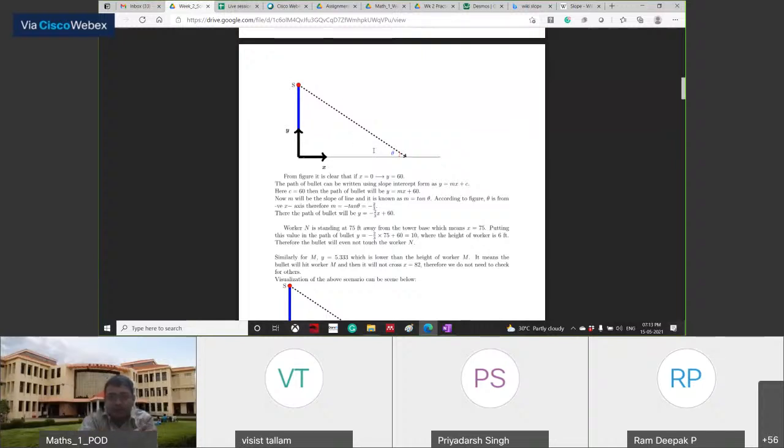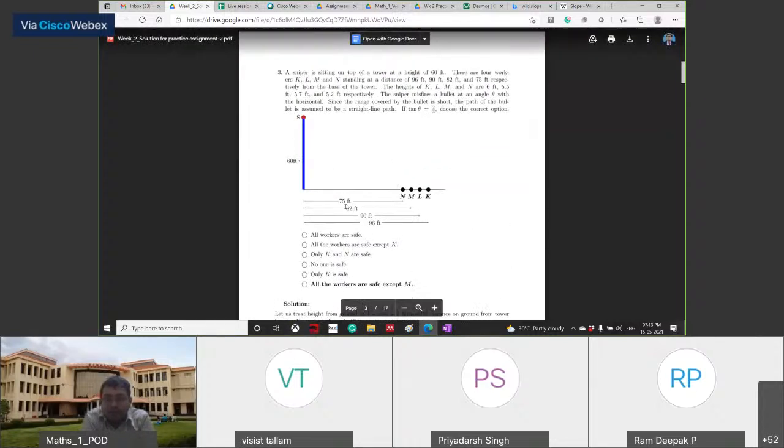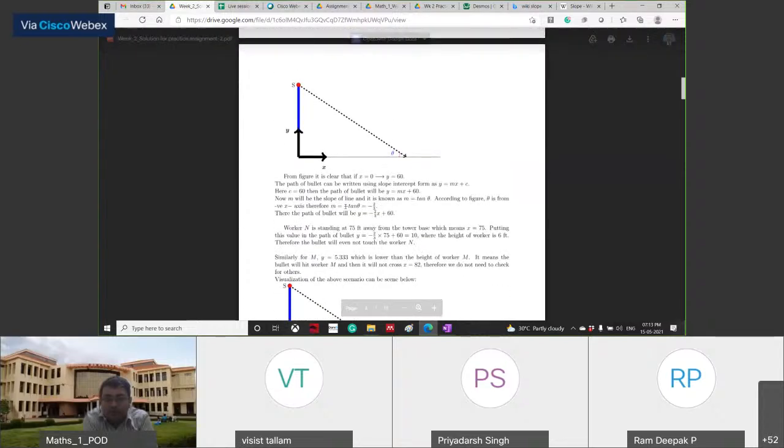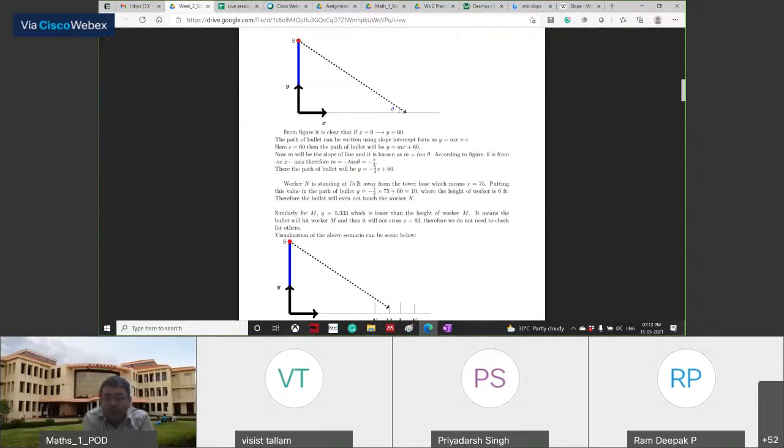So basically, from this line to this line here, that is theta, and m equals to tan theta, and so then we can say that m equals to minus tan theta. So basically, tan theta equals to 2/3 means that your slope is equals to minus 2/3. So basically, y equals to minus 2/3 x plus 60. Okay, so that's what it means.